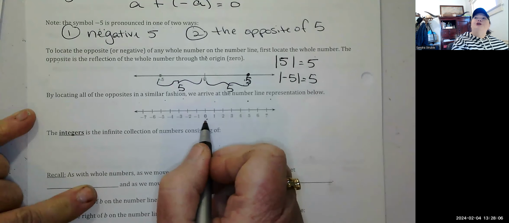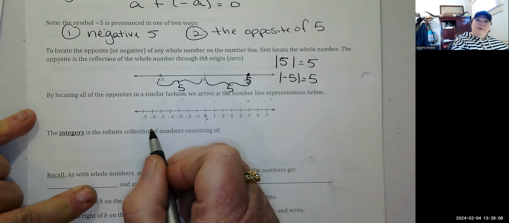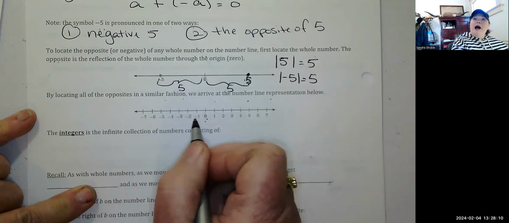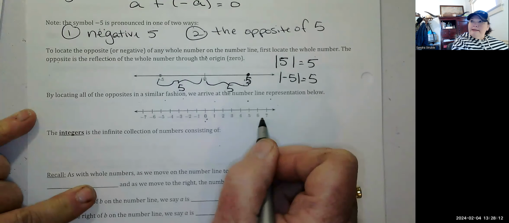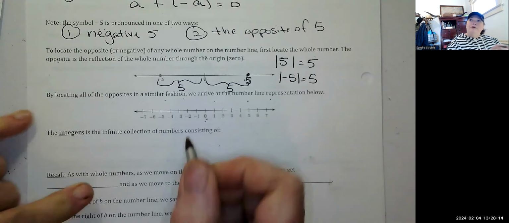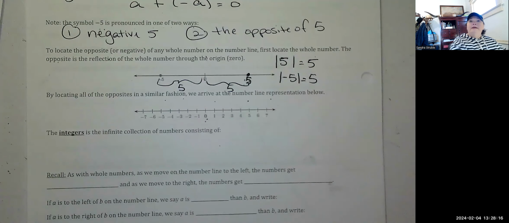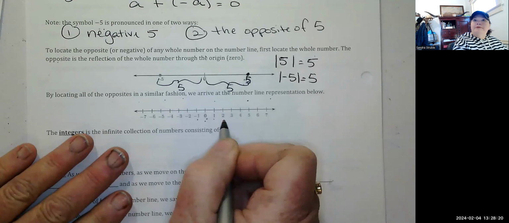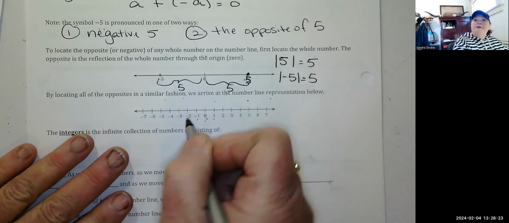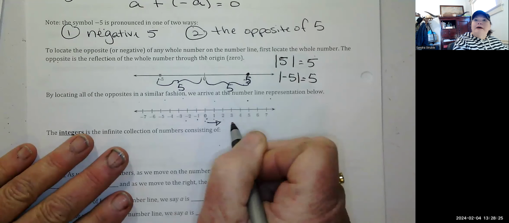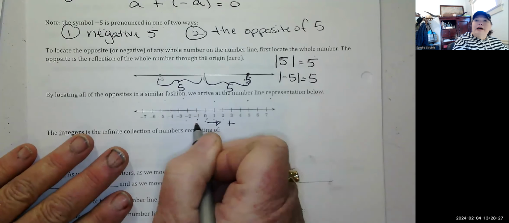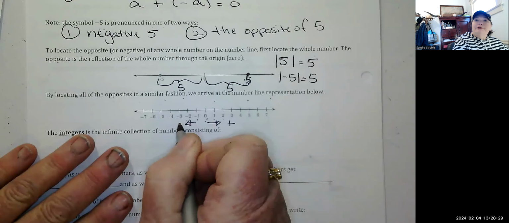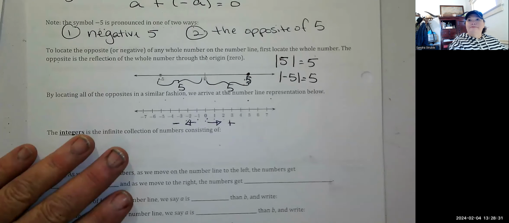The numbers to the left of 0 are the opposites of the numbers to the right in the same order going the other direction. So the opposite of 1 is -1. The opposite of 2 is -2. Everything to the right of 0 is positive. Everything to the left of 0 is going to be negative.